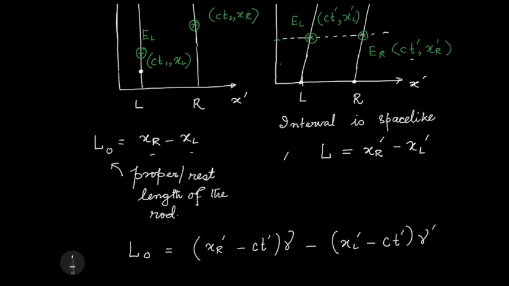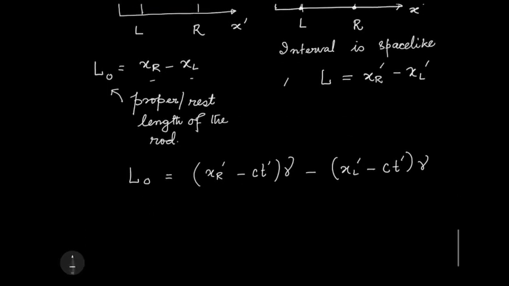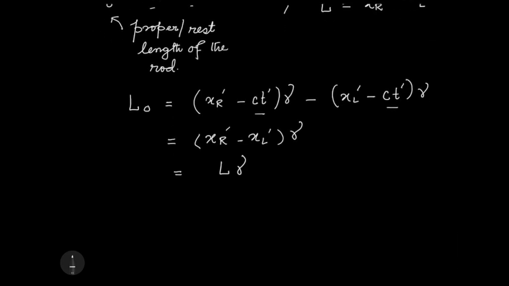The same T prime, remember: the measurements in the S prime frame happen at the same time, and there is no gamma prime obviously. You will see that this cancels out with that. I'm left with XR prime minus XL prime times gamma, and XR prime minus XL prime is nothing but L, so L0 equals L times gamma.